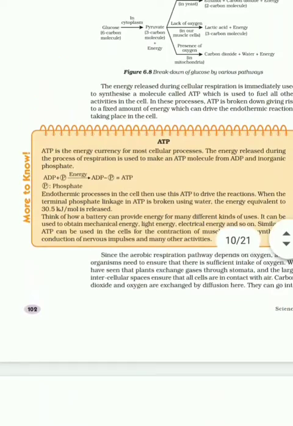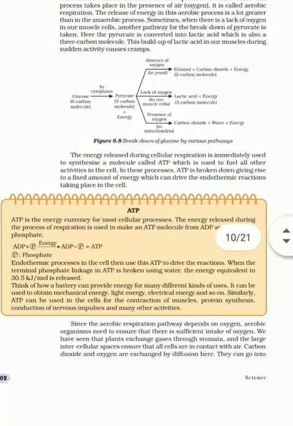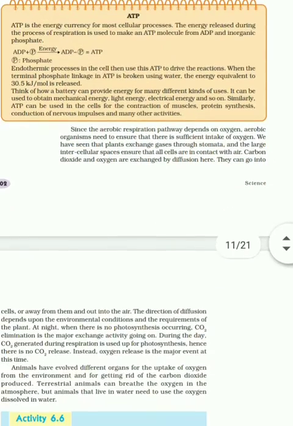I also told you about the oxidation of glucose, in which we covered the different pathways by which glucose is oxidized and gives different products in the presence or in the absence of oxygen.